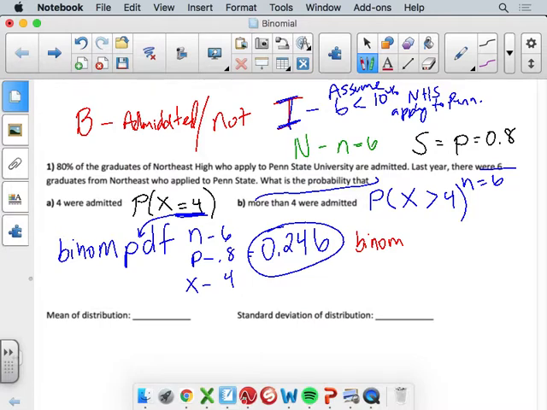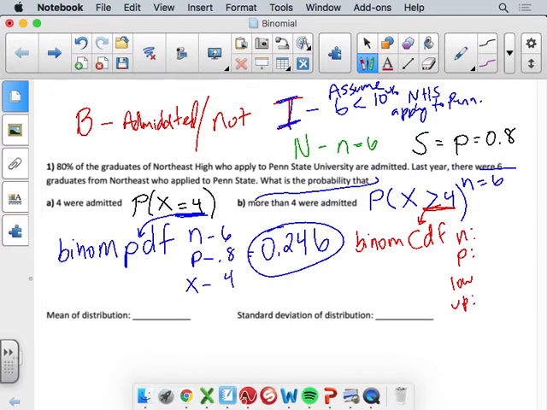And more than a range is going to be CDF. So more than means cumulative distribution function.